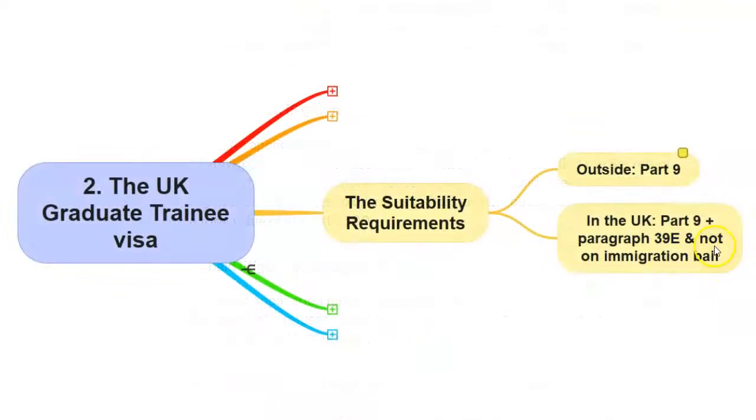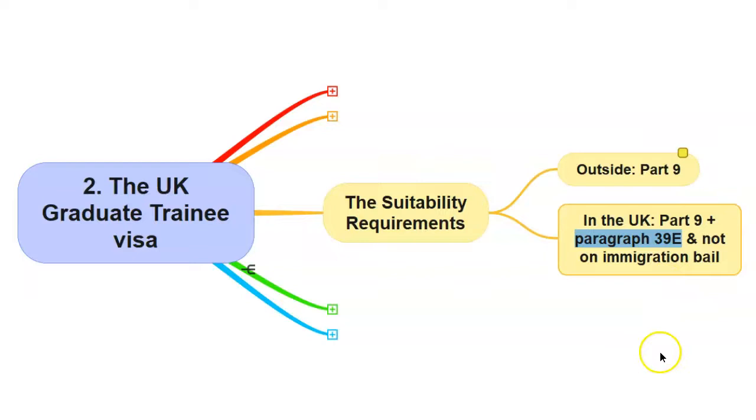If someone applies in the UK, they should not be on immigration bail, and also they should not be overstayers, so they have to have a valid visa when they're applying. There are some exceptions explained at paragraph 39E, where they say that if you became an overstayer, so for example, if your visa expired, this will be disregarded if you make your next visa application within 14 days, and with your application you provide the decision maker with evidence confirming that there were good reasons beyond your control which prevented you from making your application on time.